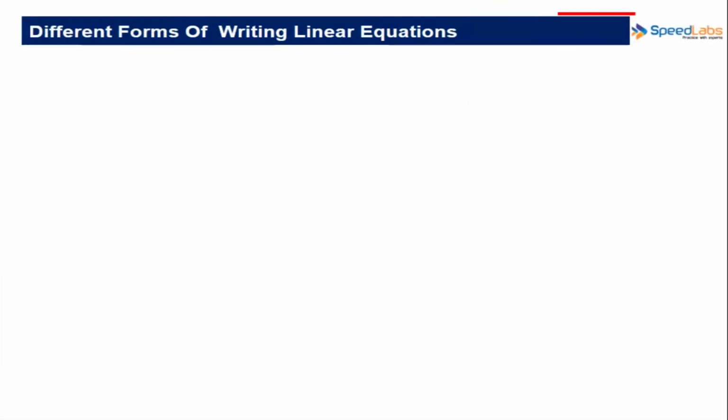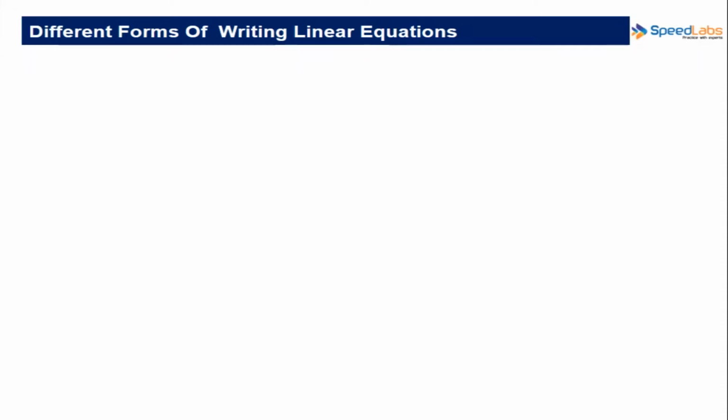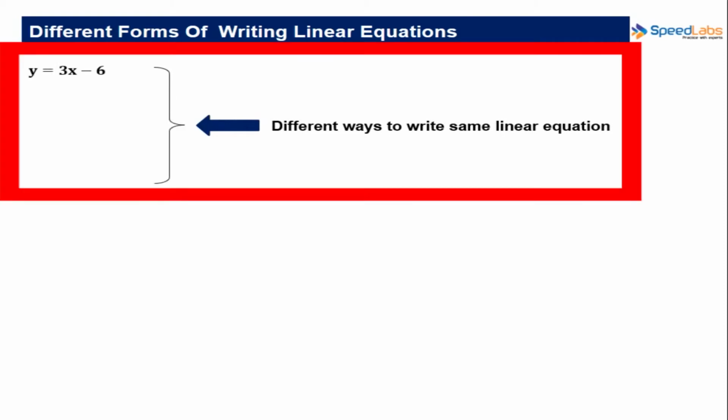So now what are the different possible forms of linear equations? These are very simple transformations from left hand side to right hand side, which you have done in class 8. If you look at this linear equation, y is equal to 3x minus 6, you can transfer this 3x to the left hand side, or this 6 to the left hand side.